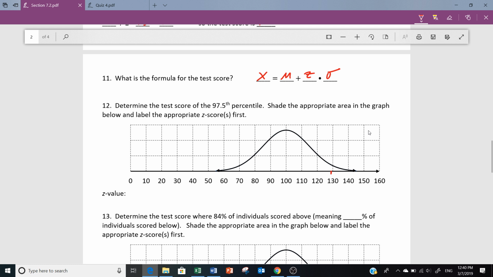Let's do the shading and see if we can figure out what that test score is. We're shading the area, which is the 97.5%. So we're guessing it's probably 130, but we need to show some work on why it's 130.